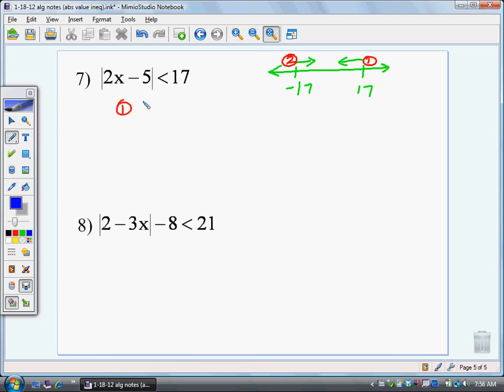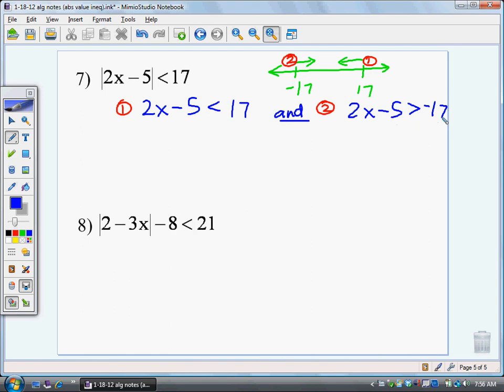The first inequality is going to be 2x minus 5, and number 1 has an arrow pointing left, less than, and it's beside the number 17. I forgot my connecting word. This time it is "and". The arrows are pointing toward each other, so that's "and". And then we have 2x minus 5, and it's an arrow pointing to the right, and it's by the number negative 17.